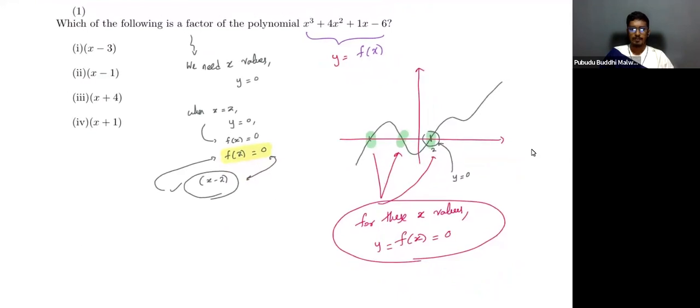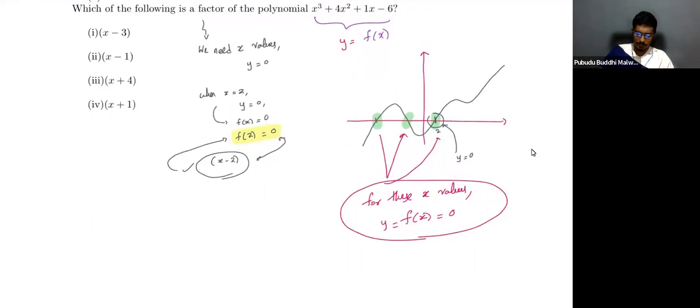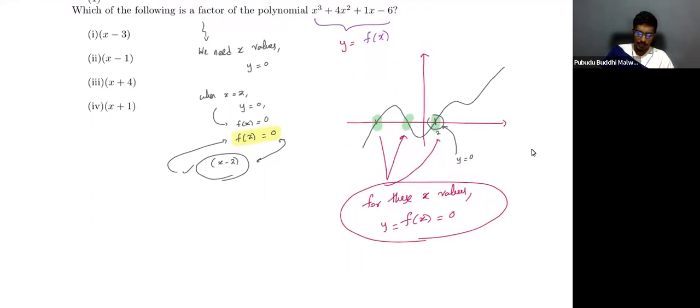So for that, let's try these values. For example, for this value, for x minus 3, if I express the factor theorem for that, it's like this. If x minus 3 is a factor, then f of 3 equals 0.